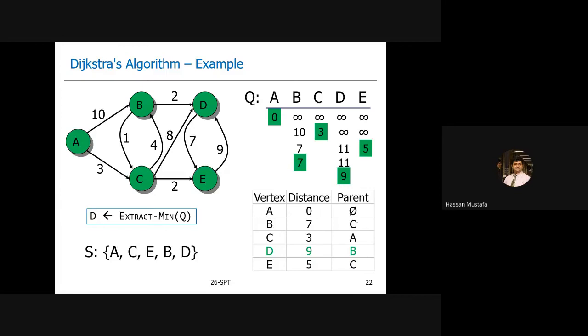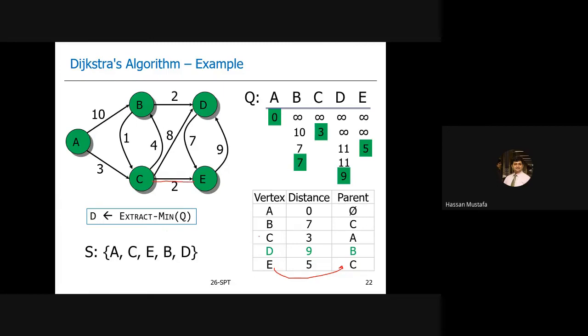If we look at the parents list, it is very important to discuss here that, for example, if I want to visit node E, what is the path to reach the destination E from node A? I would see the parent of E, which means that in order to reach E, I need to visit C first, so I need to take this edge.